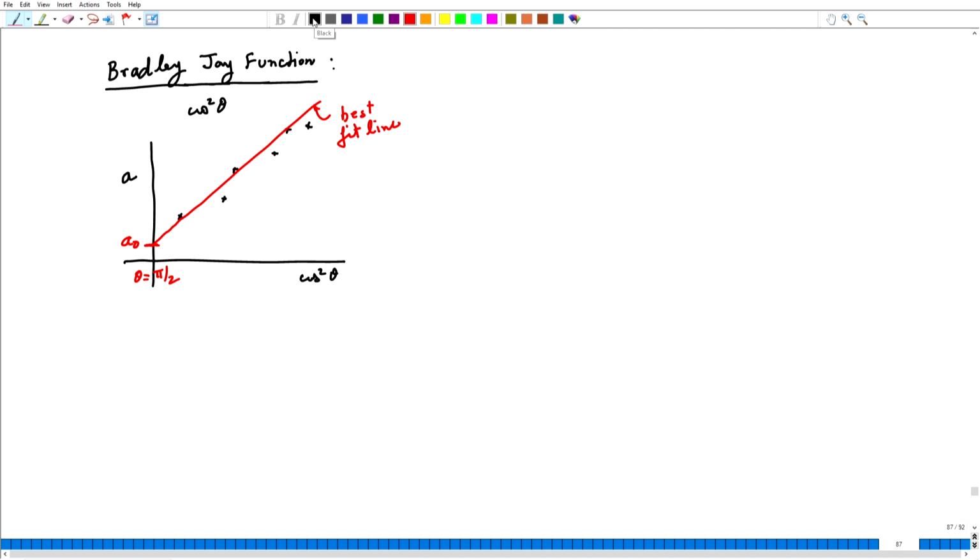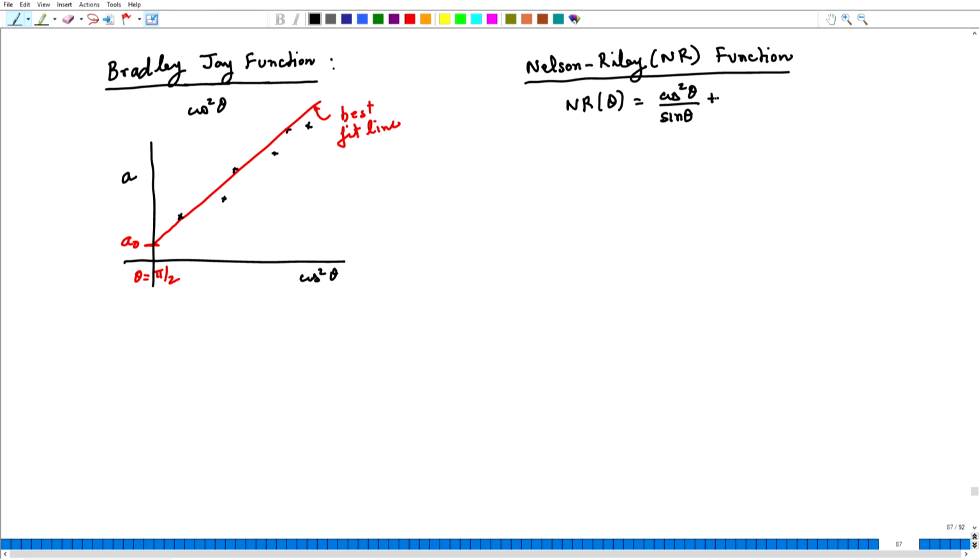Let me first introduce that function, which is called the Nelson-Riley function. Now, the Nelson-Riley function is also a fairly simple function: cos square theta upon sin theta plus cos theta divided by simply theta.